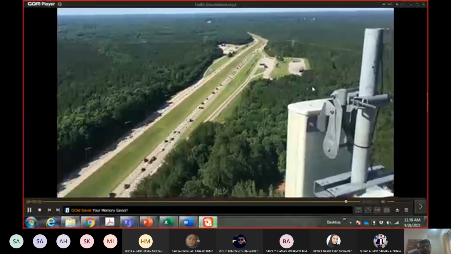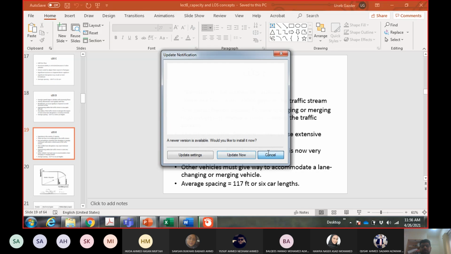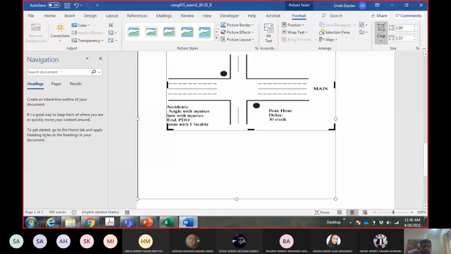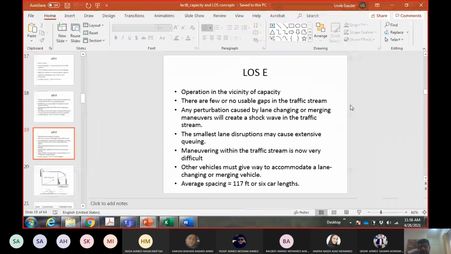So this stopping and restarting is basically a shock wave, and this shock wave is caused because of some lane changing happening. When somebody is trying to merge from another road, or somebody is changing the lane, it causes a shock wave. When he is changing the lane, the other drivers have to stop.